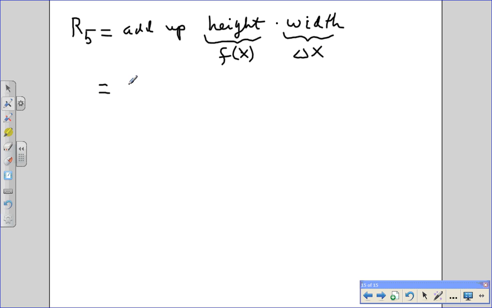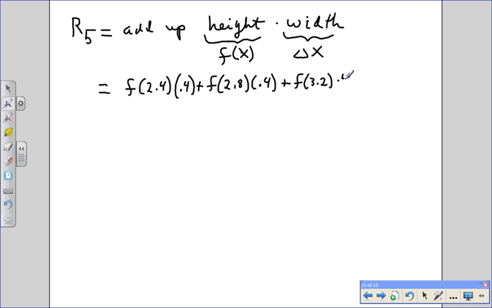So our first one is going to be f of 2.4 times 0.4 plus f of 2.8 times 0.4 plus f of 3.2 times 0.4 plus f of 3.6 times 0.4 plus f of 4 times 2/5, because I'm out of space.